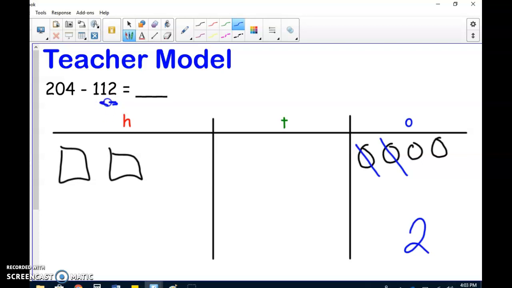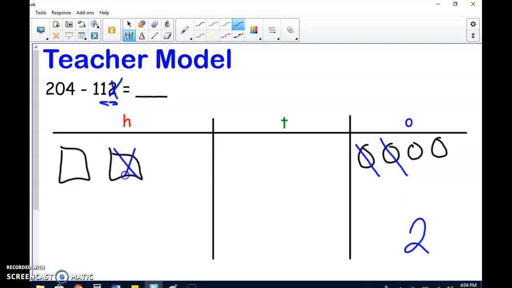Now I need to take away 1 ten, but I don't have any tens to take away. So guess what? I still need to go next door, and I'm still going to grab 10 more, but I'm not going to grab 10 ones.